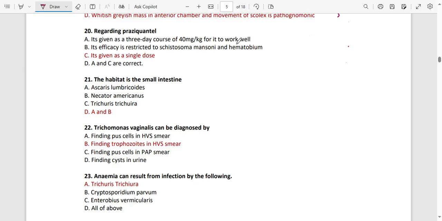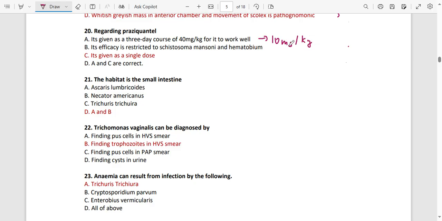Okay, so the thing is, yes, Praziquantel is given as a single dose. It is given as a 3 day course. But you don't give it as 40 milligrams per kg. Specifically, the lecture notes from the lecturer who taught say 10 milligrams per kg.